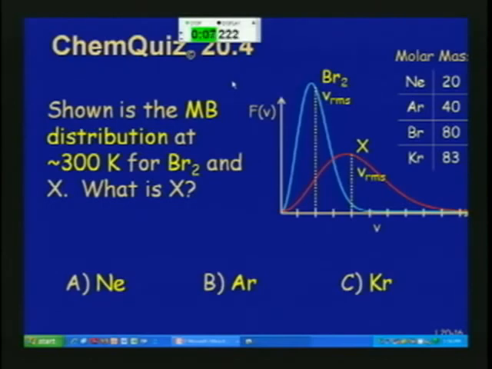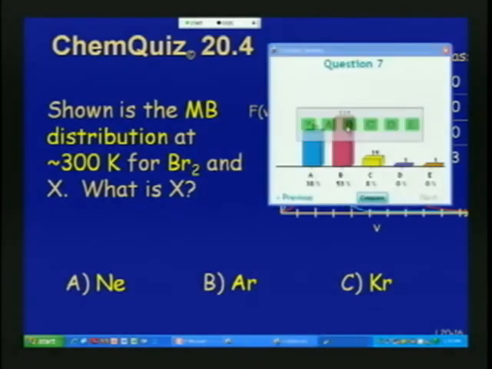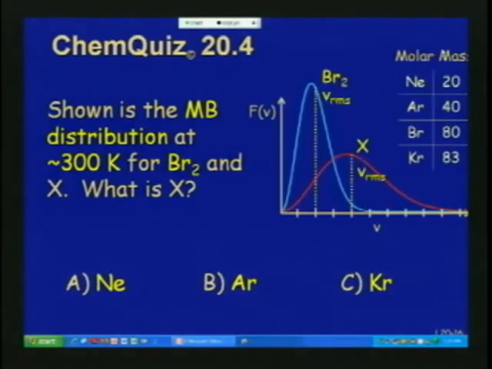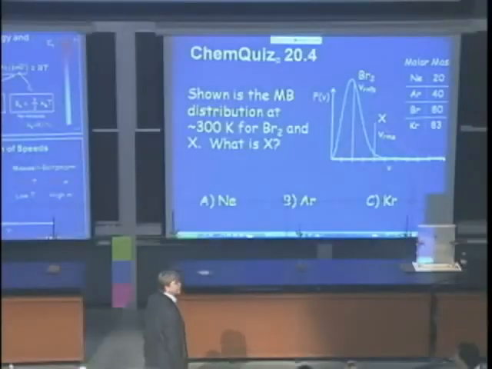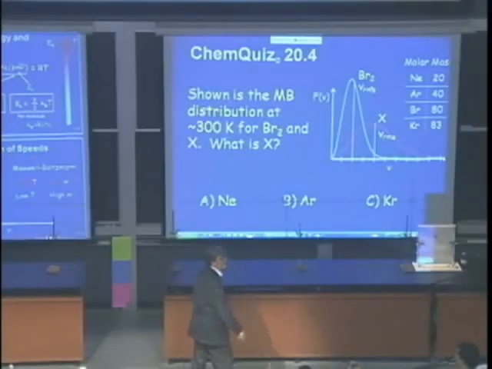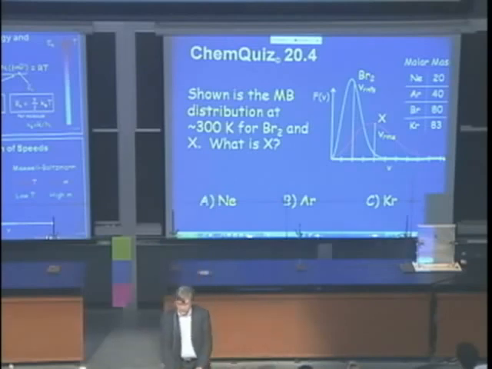Okay, let's see what the answer is. All right, let's go with B then. Of course, that's the square root. So the mass has to be 1/4, okay? If you have a doubling of the velocity, the mass is 1/4.